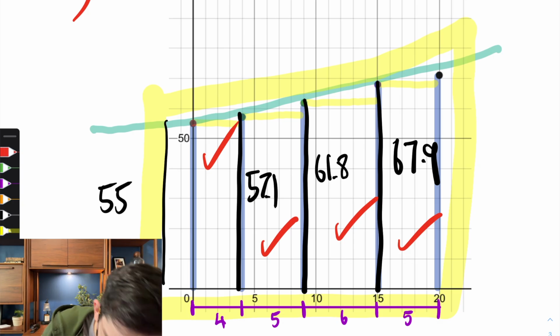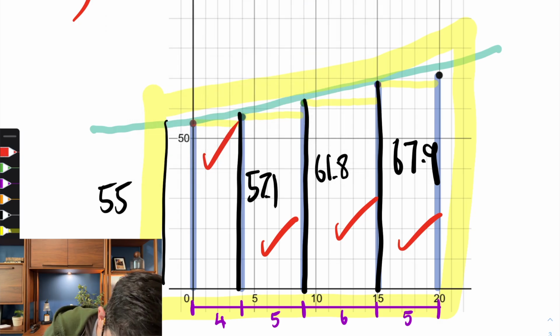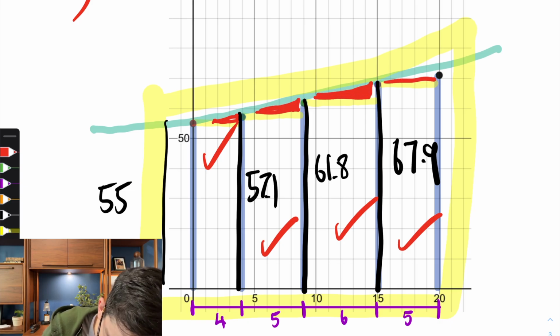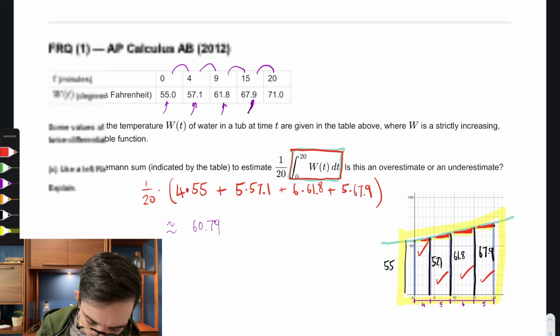My Riemann sums have approximated that area, and the true area under this curve is something like that. But my little rectangles have kind of missed some of what's going on. These little skinny pieces lie under the curve, but they're not taken into account by my rectangles, by my Riemann sum. So the true area is going to be larger.